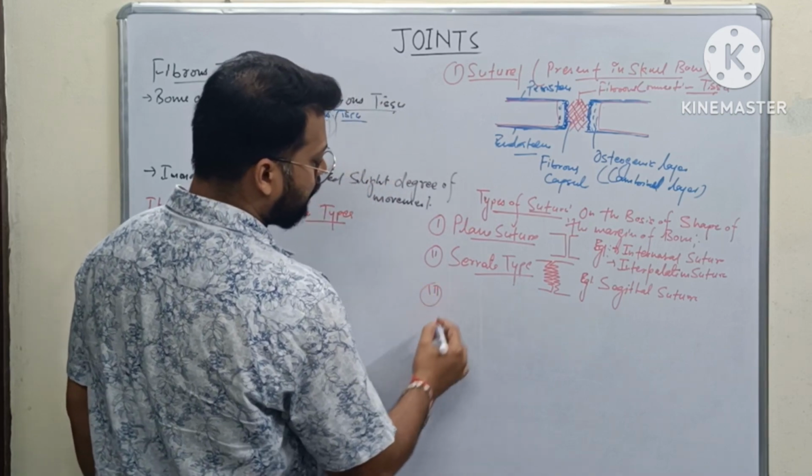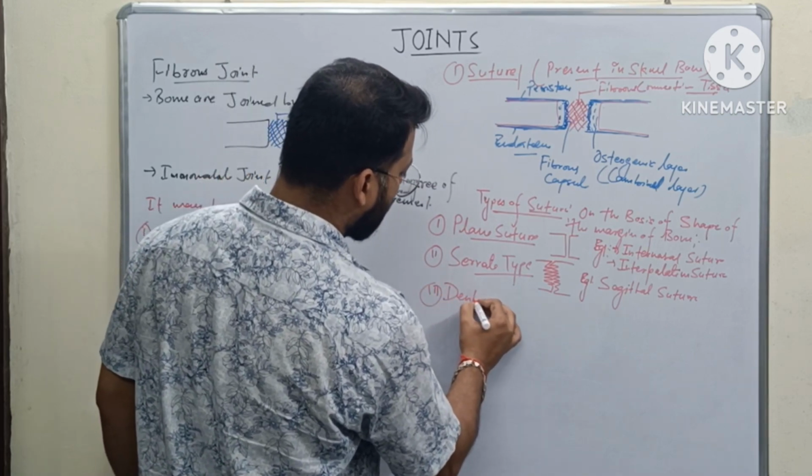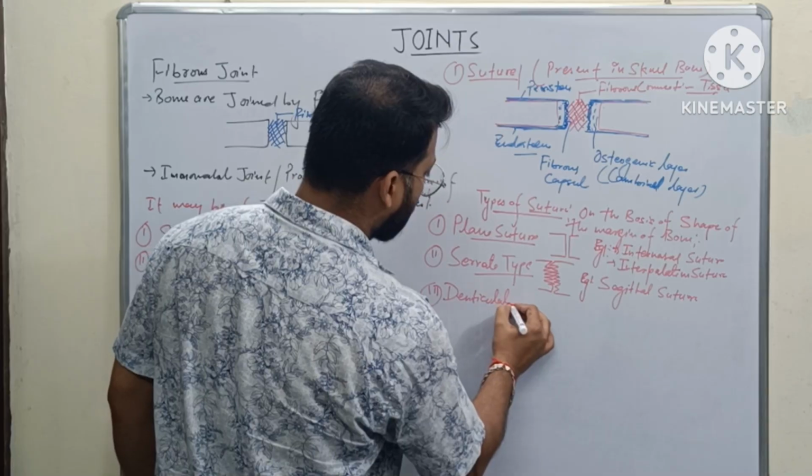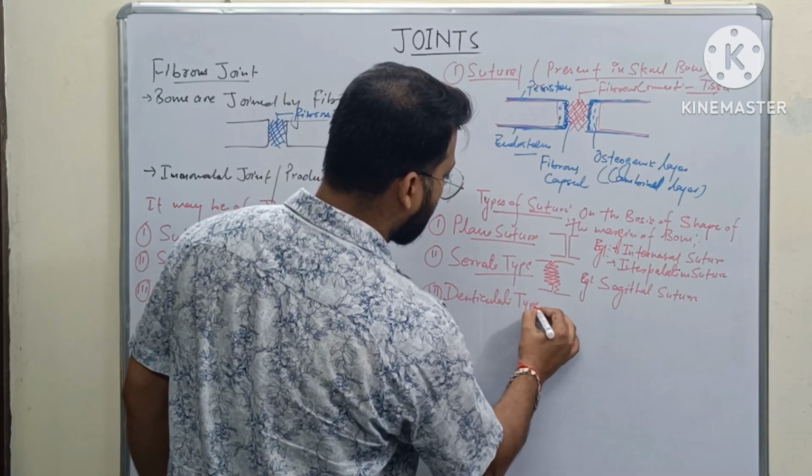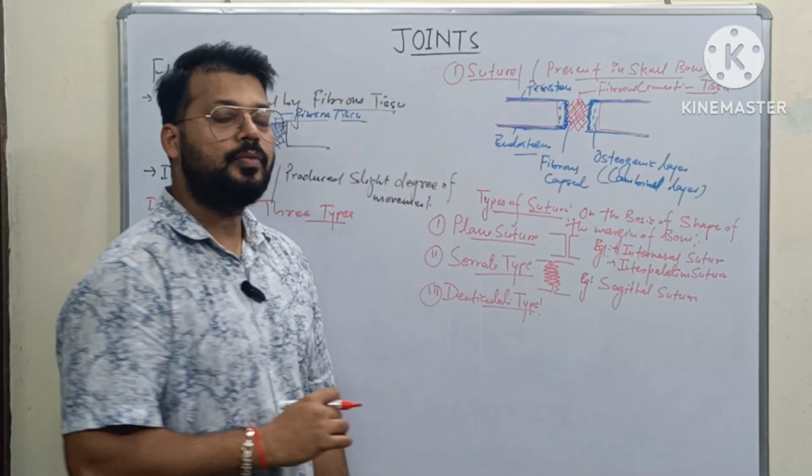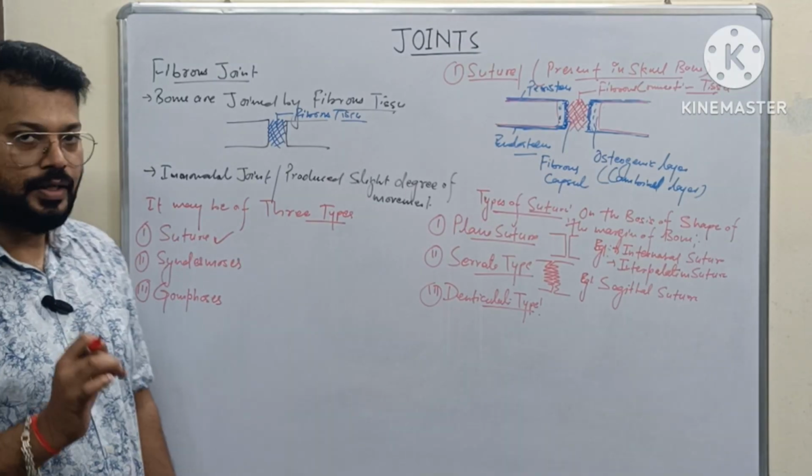Now the third is denticulate type. If the margin of the bone is tooth-like, then it is called denticulate suture.